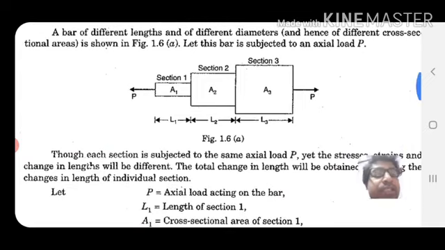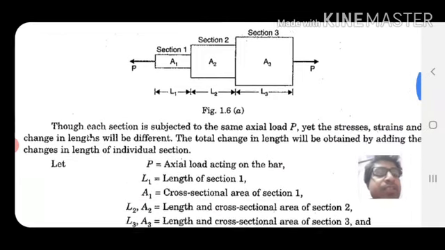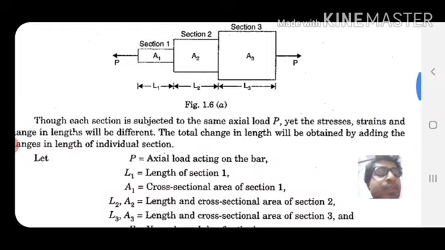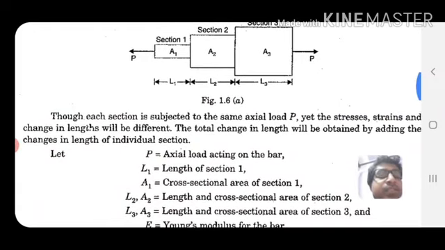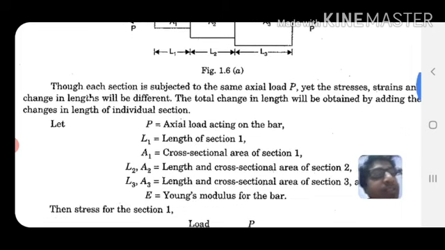Though each section is subjected to the same axial load P, yet the stresses, strains and change in length will be different. The total change in length will be obtained by adding the changes in length of individual sections.